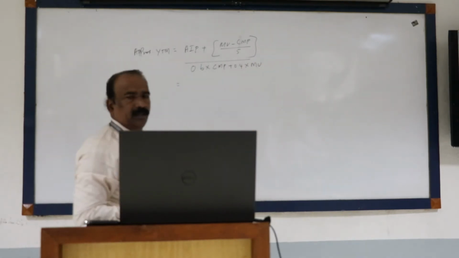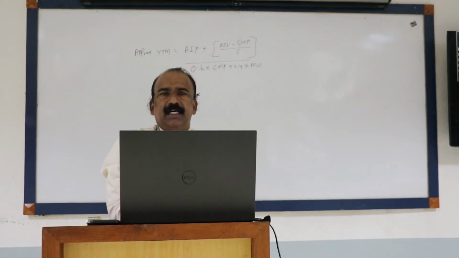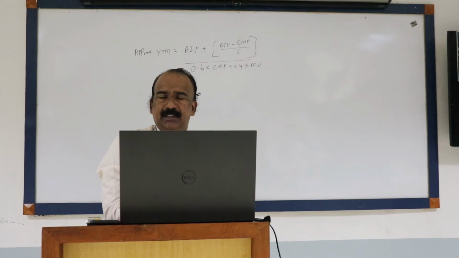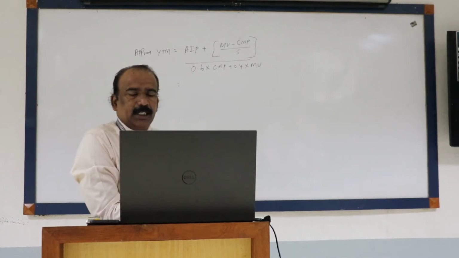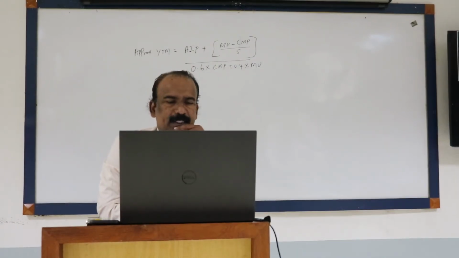Instead of the previous equation, where we took current market price plus maturity value divided by 2 with equal weightage, now we are giving 0.6 and 0.4 weightage. The weightage is a little higher for current market price. So let us use this equation. You can use any equation from the examination point of view to calculate approximate YTM.